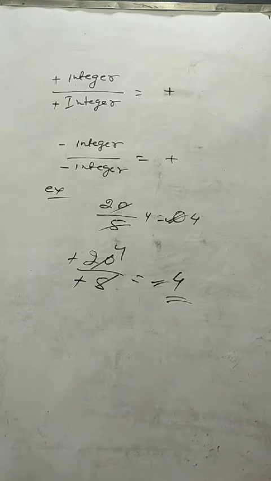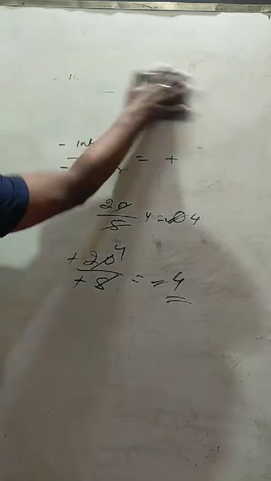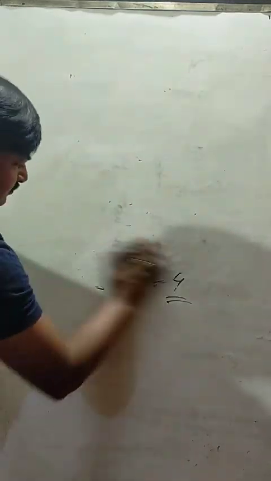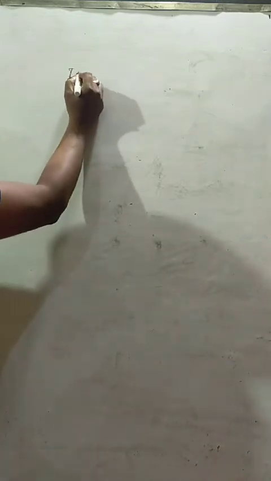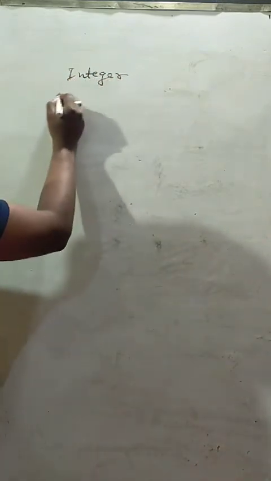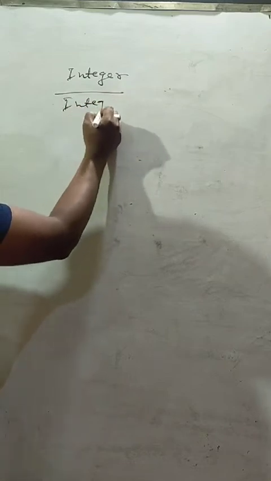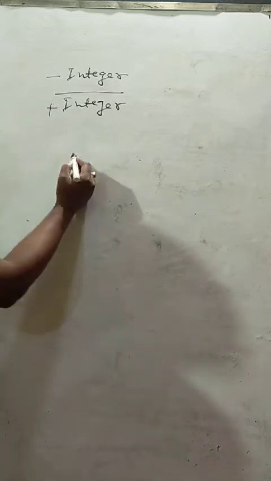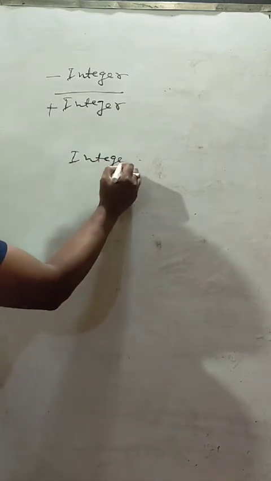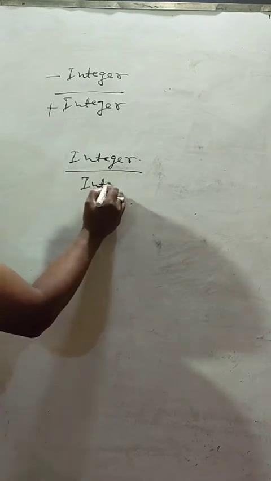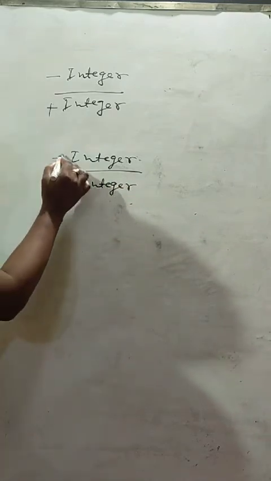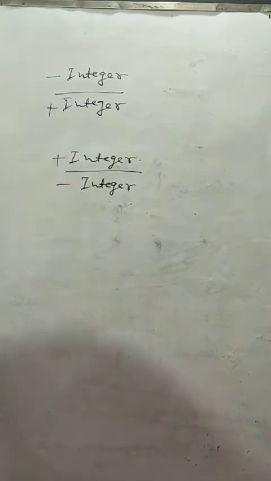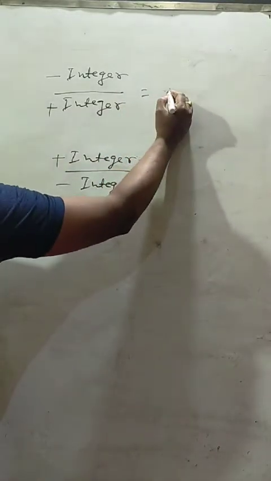Got it? Second, copy it. Second, if we divide an integer by another integer and one sign is negative and one sign is positive, the result that comes out is negative.